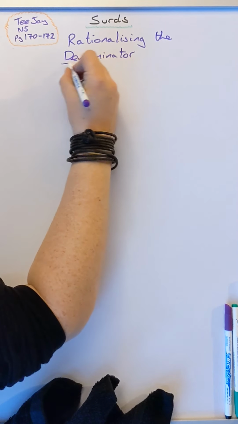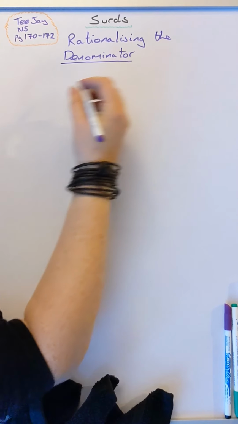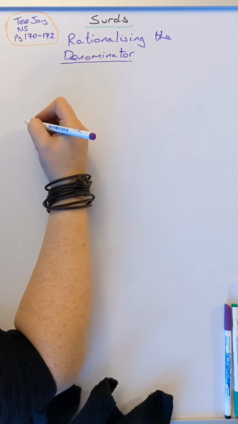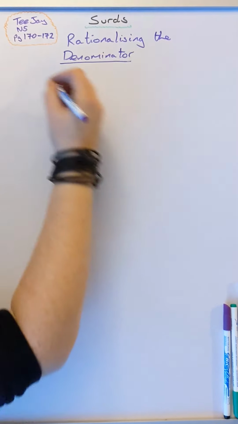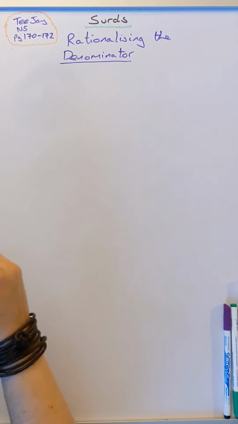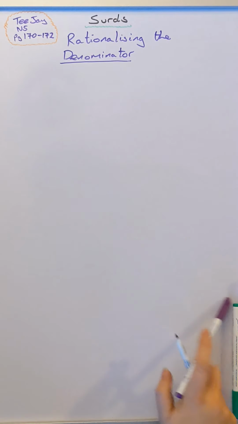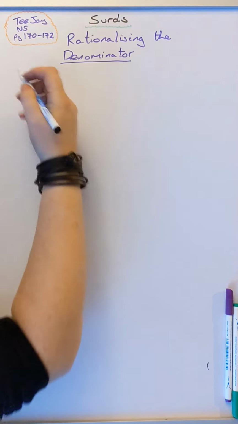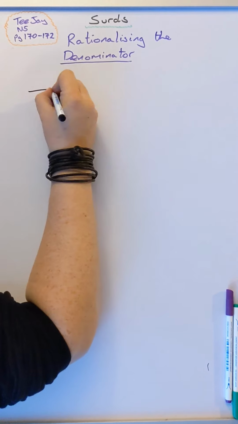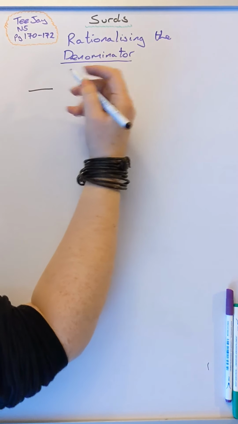So if you remember, denominators are to do with the bottom of a fraction. So what we have, apart from the wrong lid on the pen, is a fraction but with a surd on the bottom.